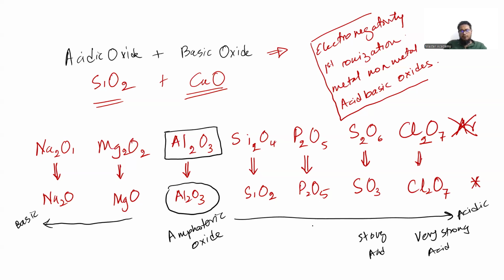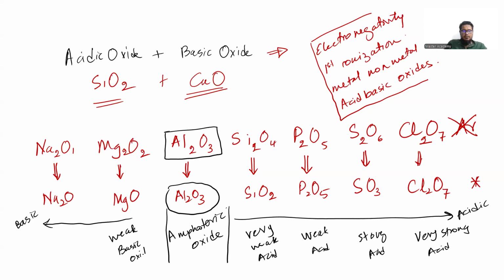The P2O5, oxide of phosphorus, forms a weak acid, a weak acidic oxide. SiO2 is a very weak acidic oxide, but still it's an acid. This fellow is amphoteric. In between, magnesium oxide is a weak basic oxide.